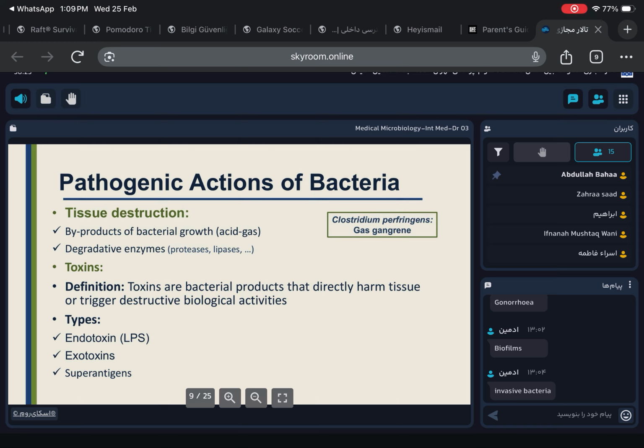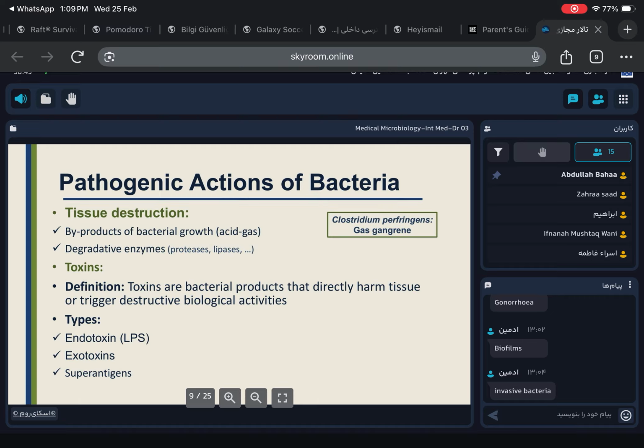And sometimes pathogenic bacteria produce toxins. You can see the definition of toxins here. Toxins are bacterial products which can directly harm tissues or trigger destructive biological activities.